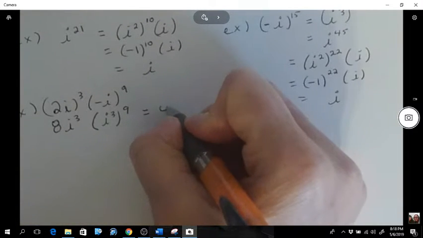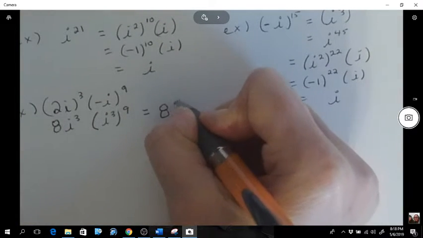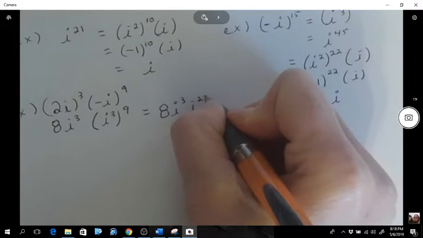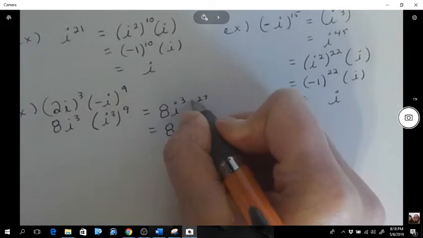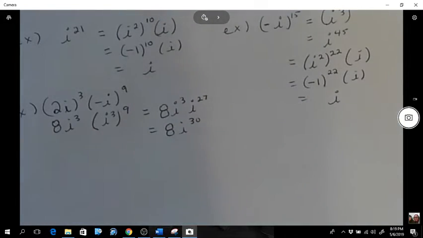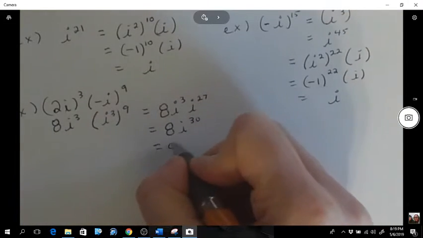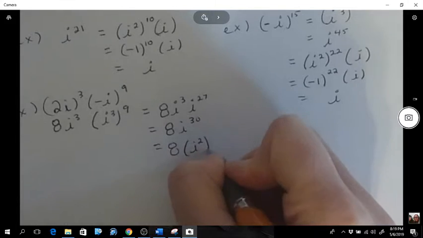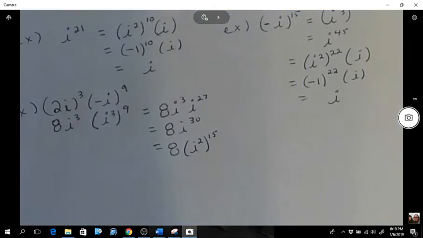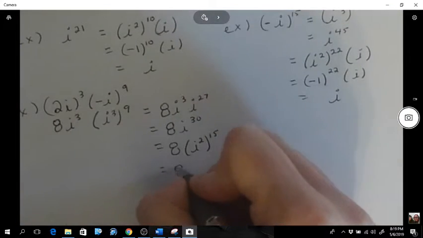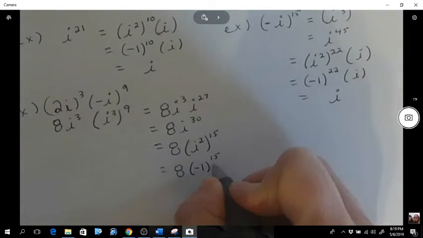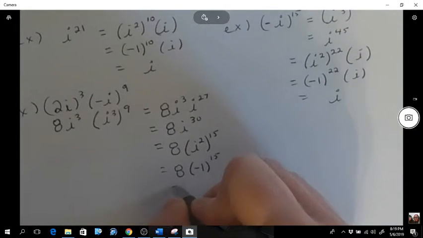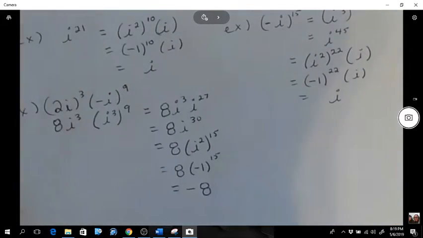So that equals 8i cubed times i to the 27, which will become i to the 30th. Now let's break down how many i squareds we can take out. And so now this is negative 1 to the 15th, which is negative 1. So my answer is negative 8.